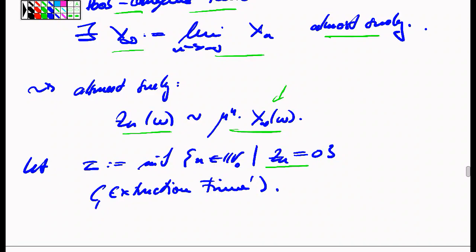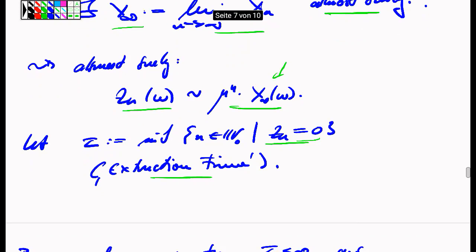In order to have offspring, you need at least one individual in the population. So Zn equals 0 is certainly a moment when the population got extinct, and there will be nothing in the future. The first time when that happens is what we call the extinction time of this process.